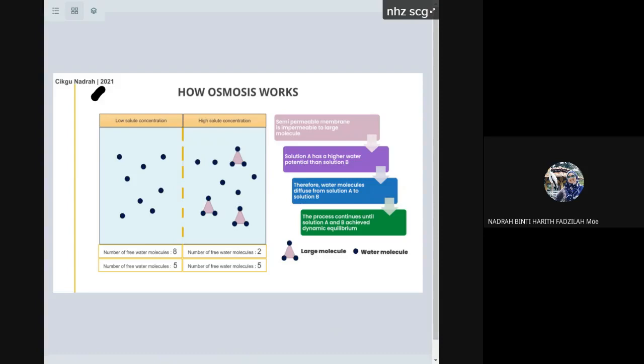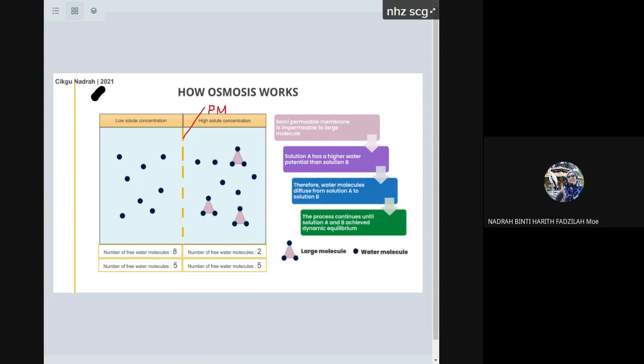However, osmosis occurs because of the presence of this particular structure, plasma membrane yang bersifat semi-permeable. So when the membrane is semi-permeable, the problem is large molecules cannot go through the semi-permeable membrane.